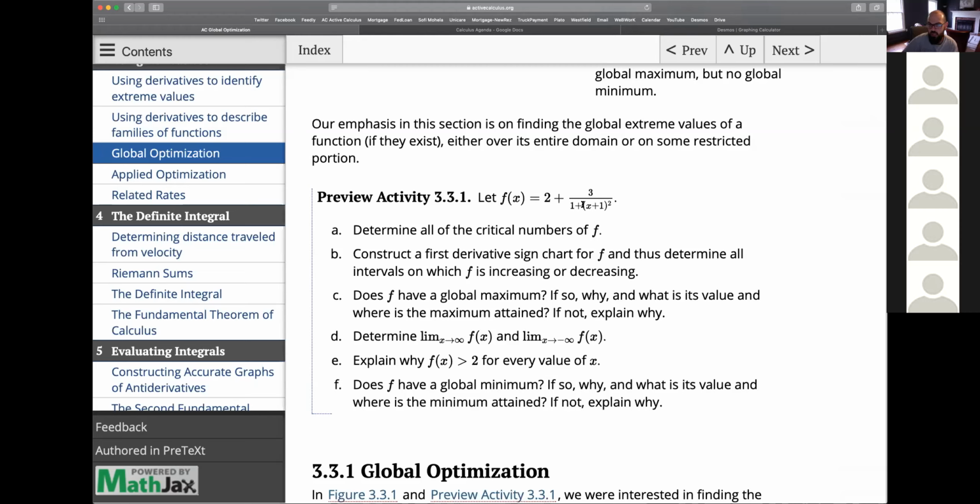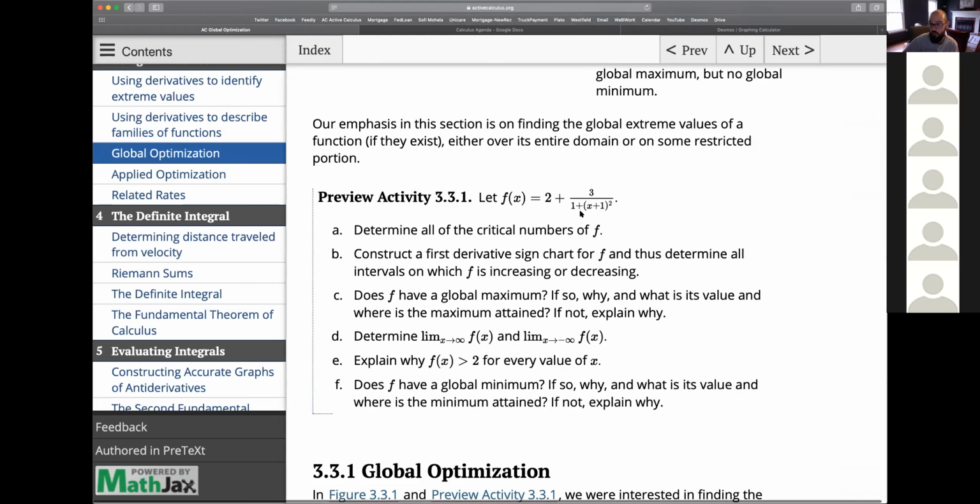X is a really big number, so this denominator is going to be really, really, really big. So if I take 3 and I divide by a really, really large number, this number is going to be really small. So when x gets really, really large, I'm going to get 2 plus something really, really, really small. Okay, so as x gets really, really large, this is going to get really close to 2.